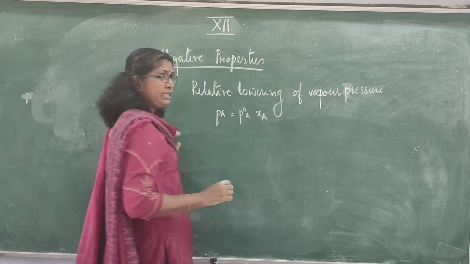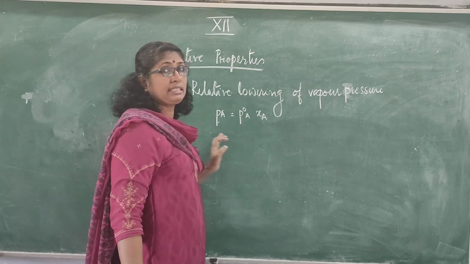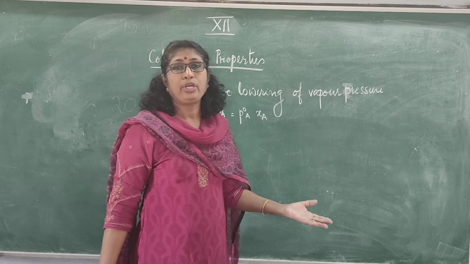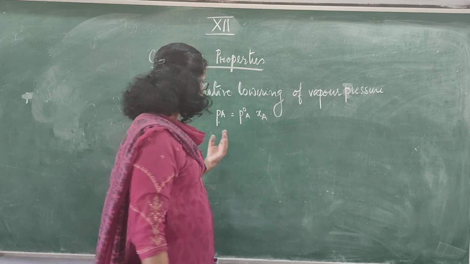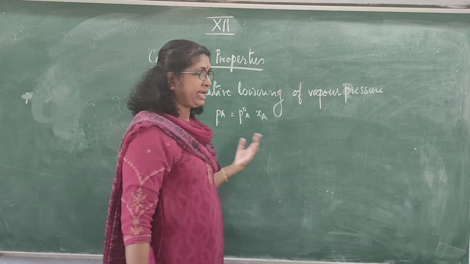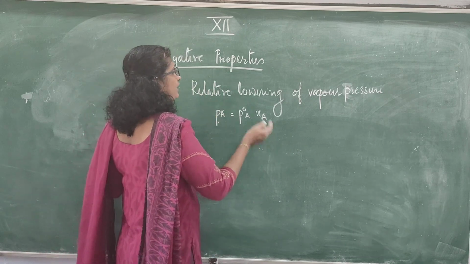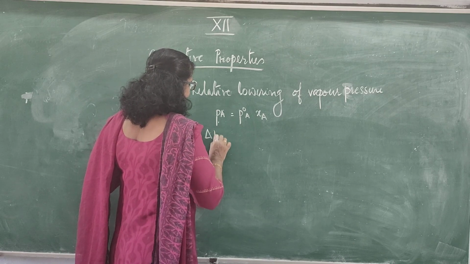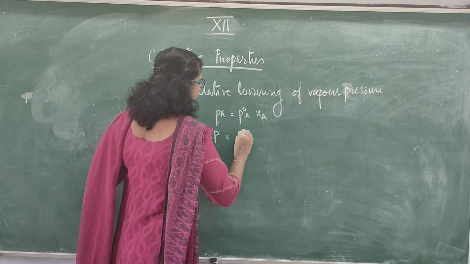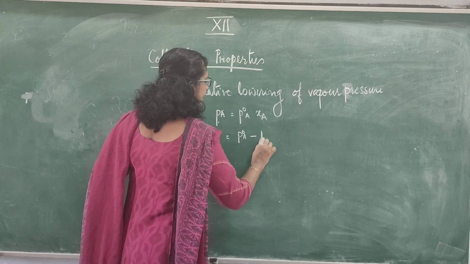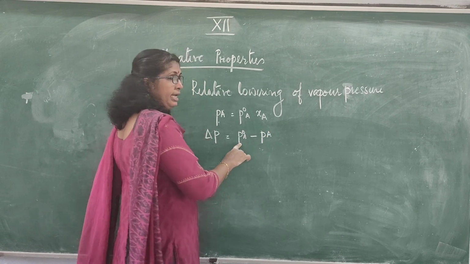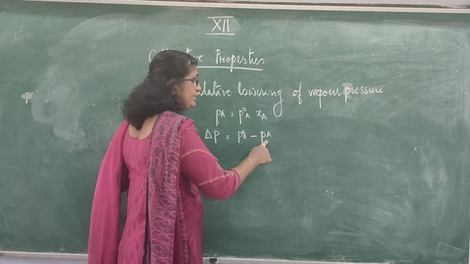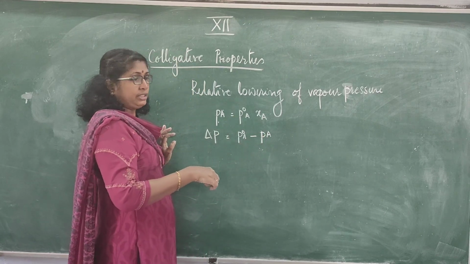Suppose A is the solvent and B is a non-volatile solute. So PA is equal to P naught A into XA. And what is lowering of vapor pressure? That is the decrease in vapor pressure. Delta P is equal to P naught A minus PA. What is P naught A? The vapor pressure of the pure solvent, and PA is the vapor pressure of the solution.